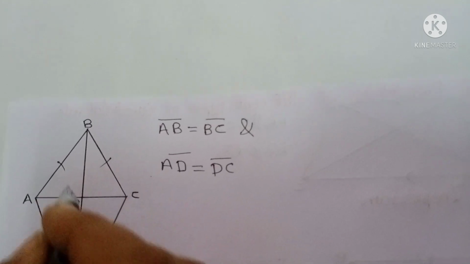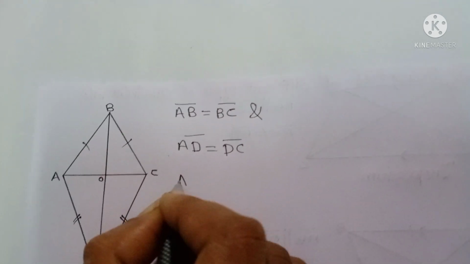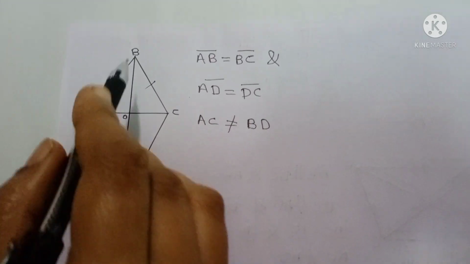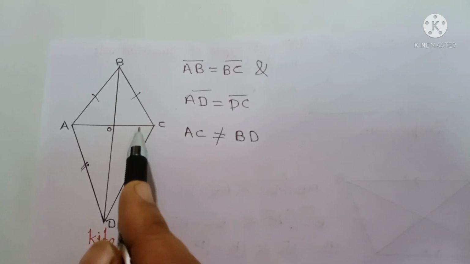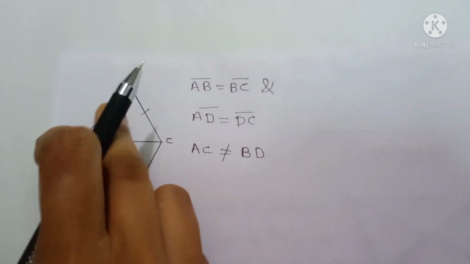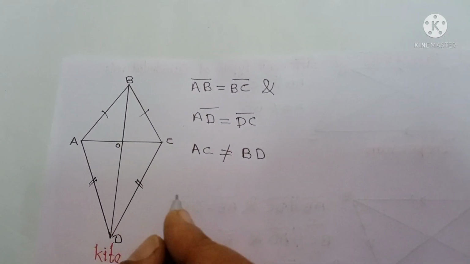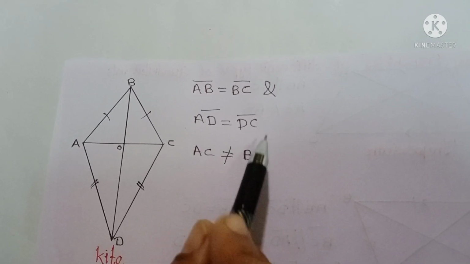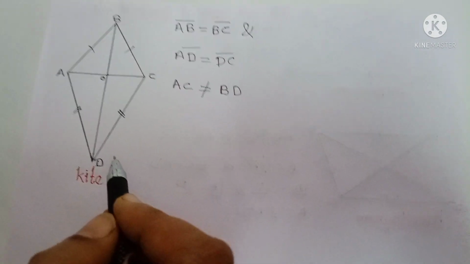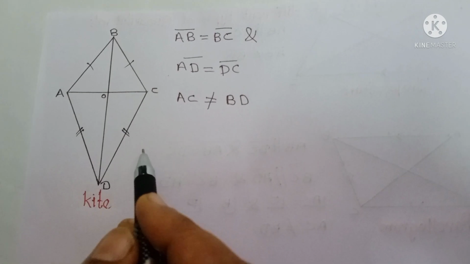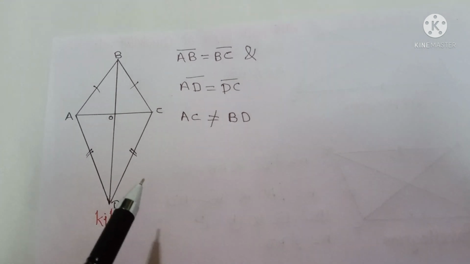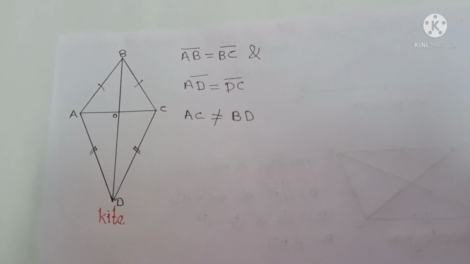Diagonals are not equal, AC is not equal to BD, and the diagonals do not bisect each other. So this value is not equal to this value. So in this kite, there is no pair of parallel lines. These are the basic properties of different types of quadrilaterals. Do you understand, children? Note down.